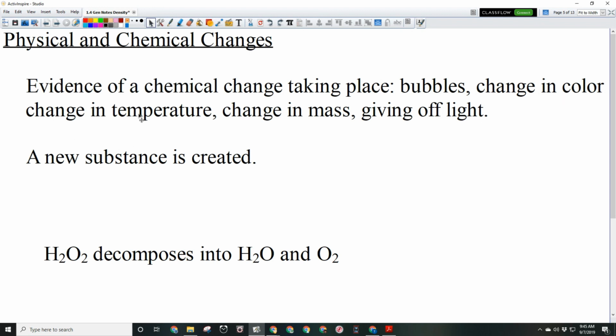Some change in temperature, like the hot hands that you get to keep your hands warm in your gloves, like when you go camping or when you go hunting, or even if you're playing football in really, really cold weather outside. They make these hot hands, things that you snap to mix the chemicals together and it heats up. We're going to see chemicals like that when we study thermochemistry at the end of the year. They also make these cold packs that you can snap and squish together, these gel packs, and it gets really, really cold.